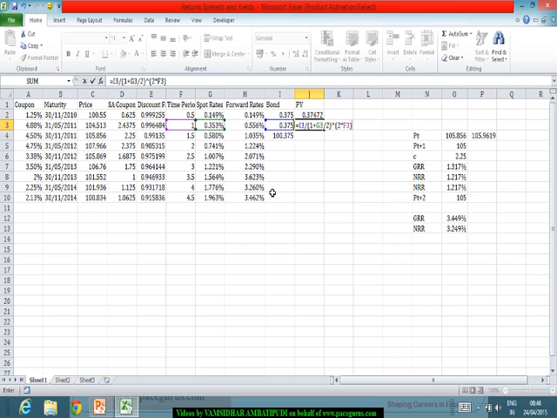This is again coming out to 0.3736, and when I take it here, the total price of the bond is the summation of these, which results in 100.2552. This is the price of the bond that I am getting through the spot rates.